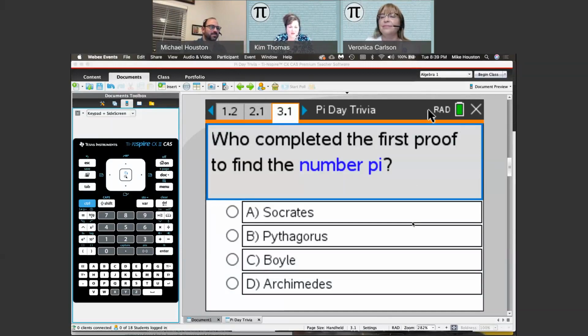So we have: who completed the first proof to find the number pi? And with this right here, I might give bonus points for people who can pronounce these names correctly. Do you want to try, Michael? Definitely. I believe the first one's Socrates, Pythagoras, Boyle, and Archimedes.